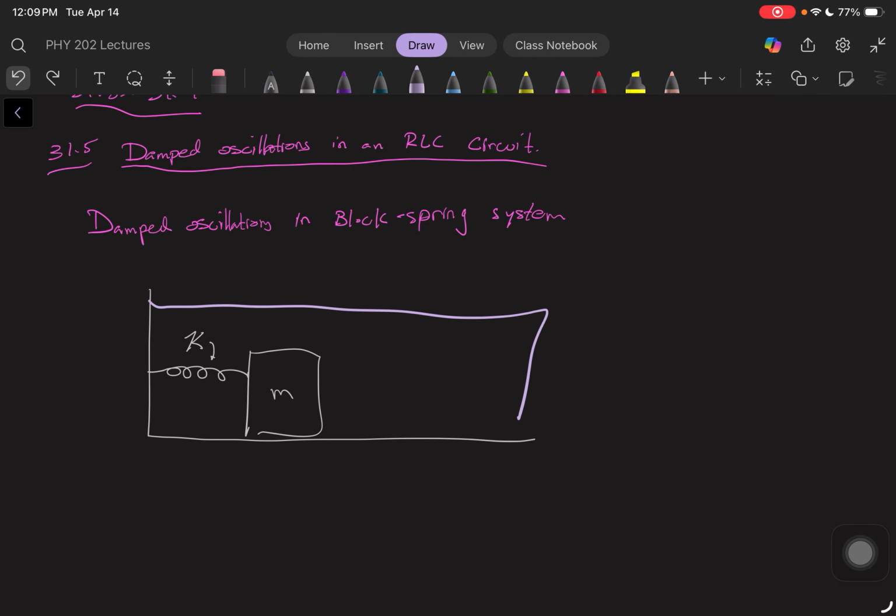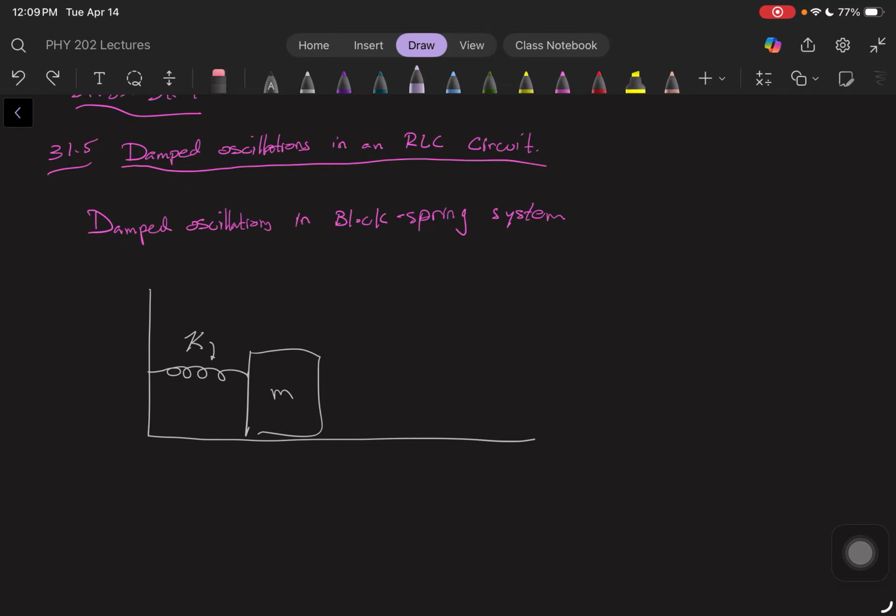Either way, it's going to have some kind of resistance on it. So I think we'll just pretend it's submerged in something viscous, and we're not going to get into linear or quadratic drag. We're just going to have something that slows it down.